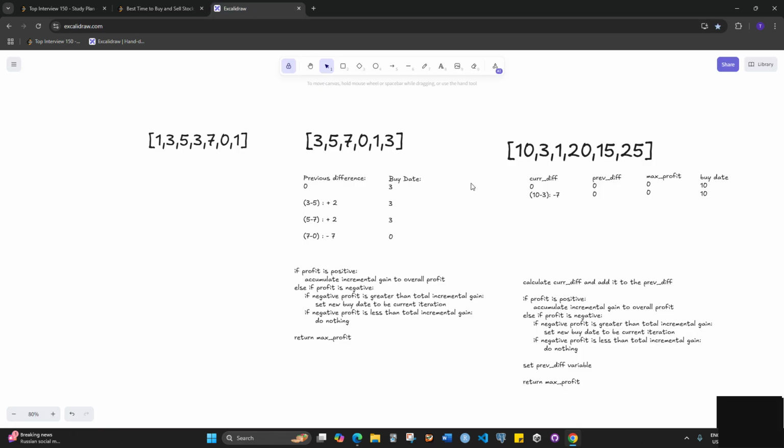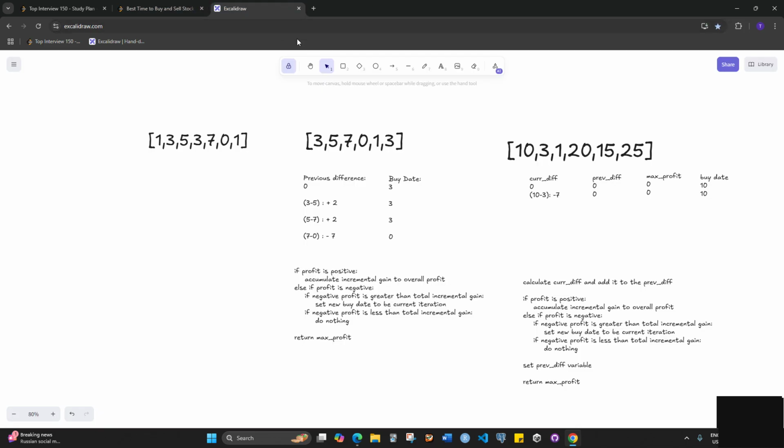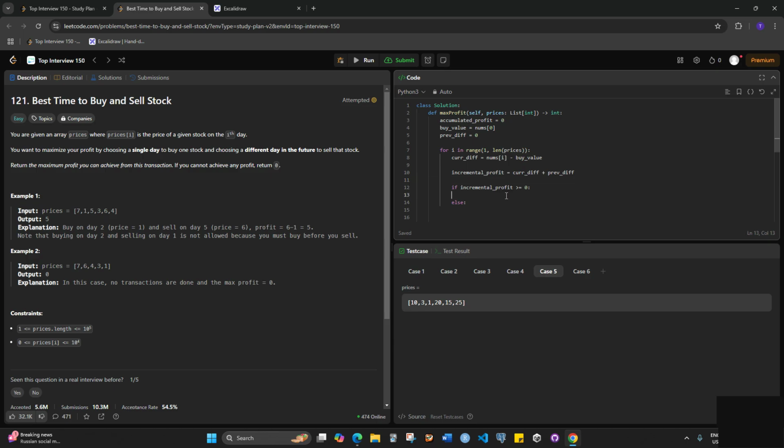And then if incremental profit is greater than 0, and then we do, incremental, so we just do else, because here the incremental profit has to be less than 0. Then we do accumulated profit plus equals incremental profit, I guess.